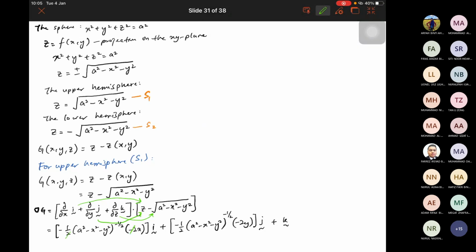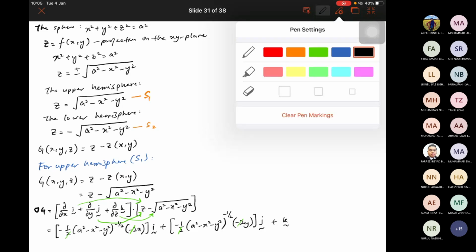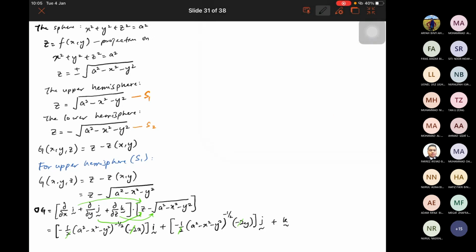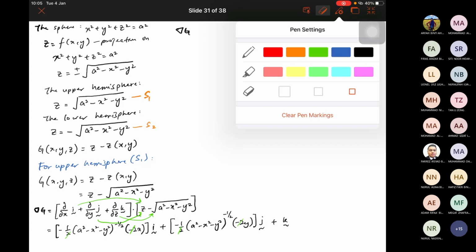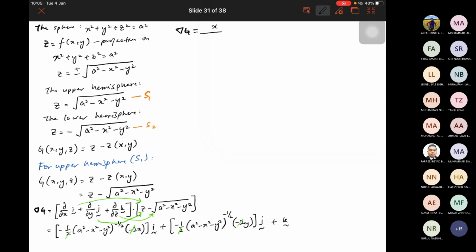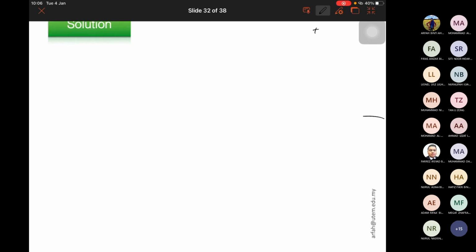The 1/2 can be cancelled, and this 1/2 can also be cancelled. So if you simplify, delta G will equal x over the square root of a squared minus x squared minus y squared i plus y over the square root of a squared minus x squared minus y squared j plus k.